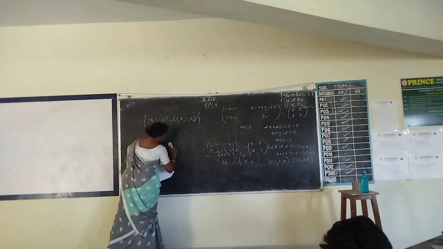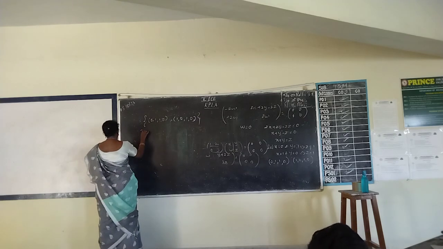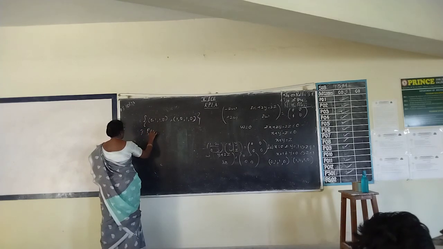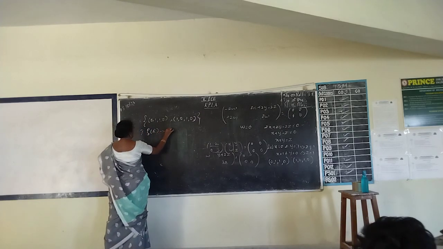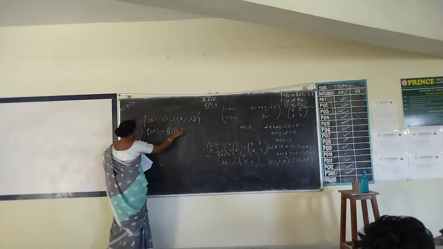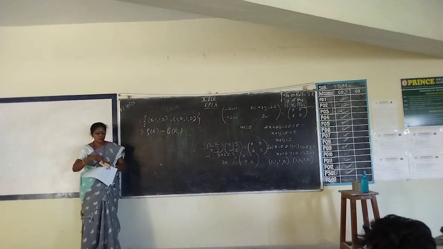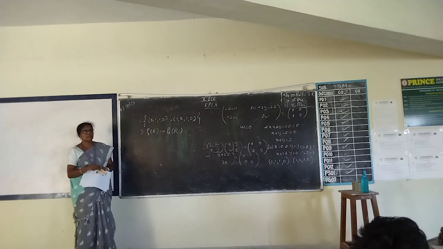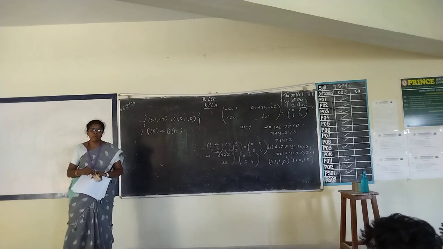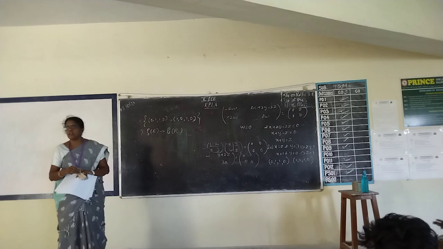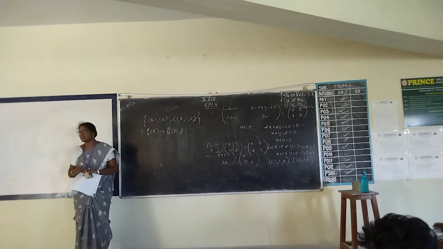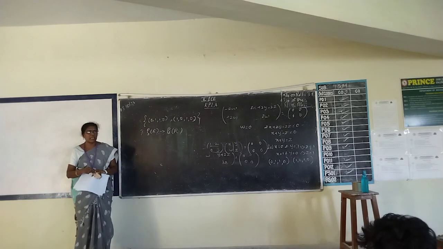Let T from P3 of R to P2 of R. What is P3? A polynomial of third degree. What is P2? A polynomial of second degree.